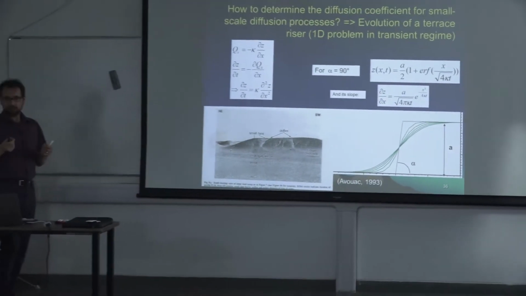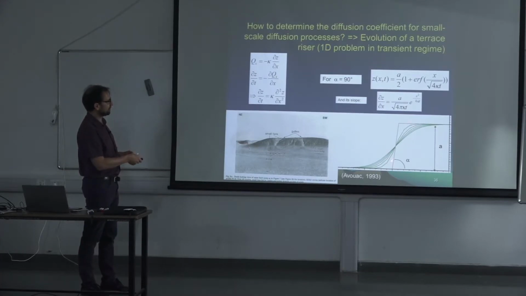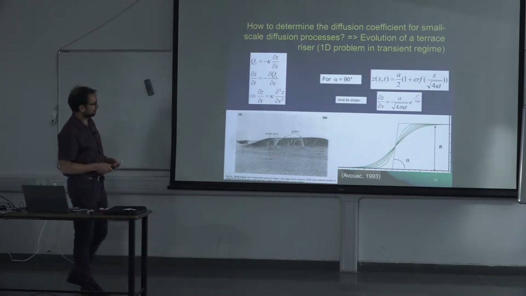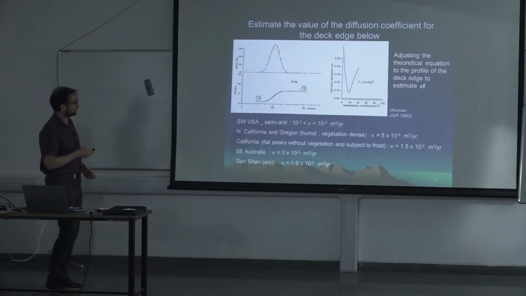Once we know the evolution of our riser, having documented the evolution both of the wavelength and of the steepest slope at the middle part of your scarp, you can go into the field and measure the shape of your riser with a topographic instrument.